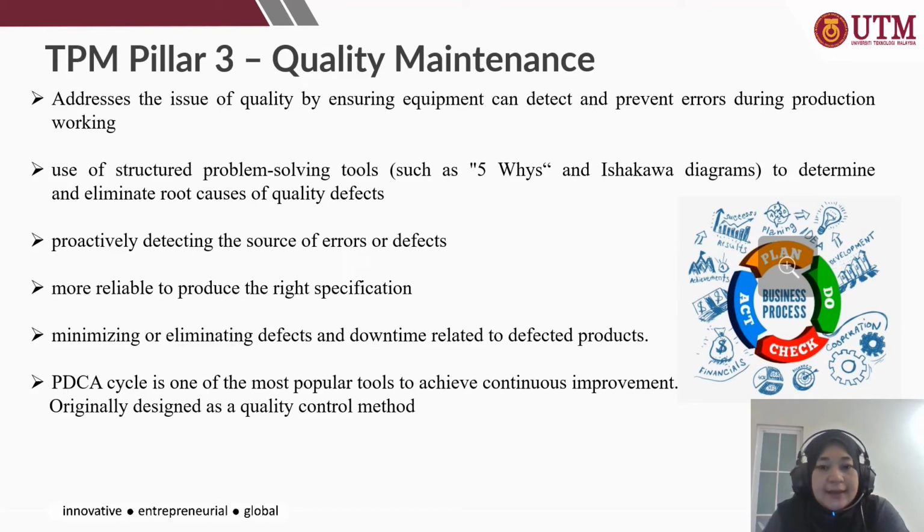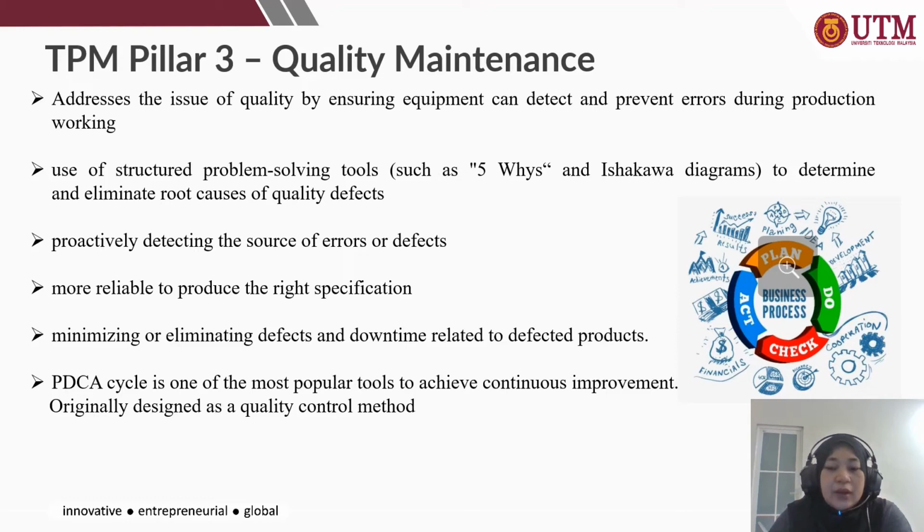So the PDCA cycle can be used to establish new codes and processes. By plan, we can plan the new course, and then we set up the goals. Then we can perform, or do, a run test through the plan that we have set up in the first place.